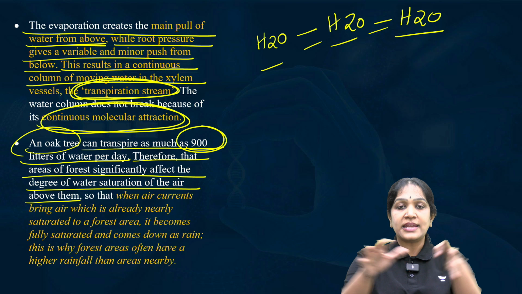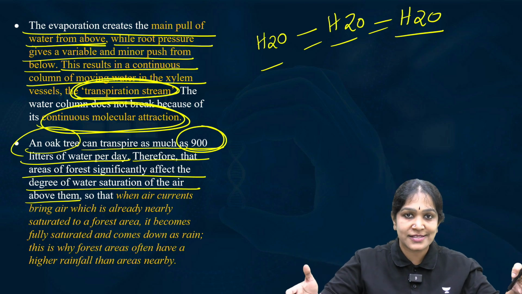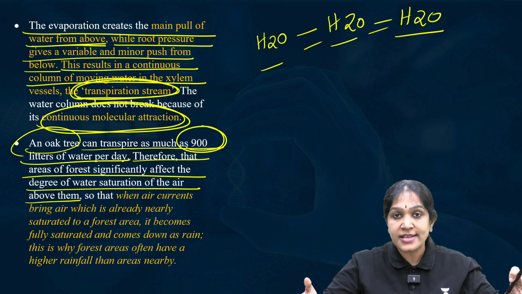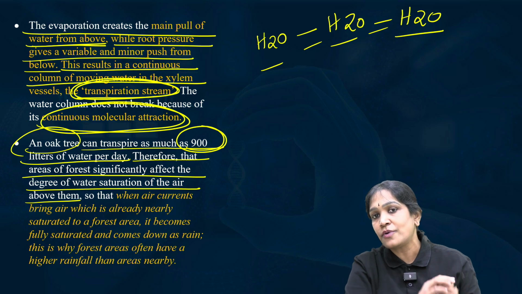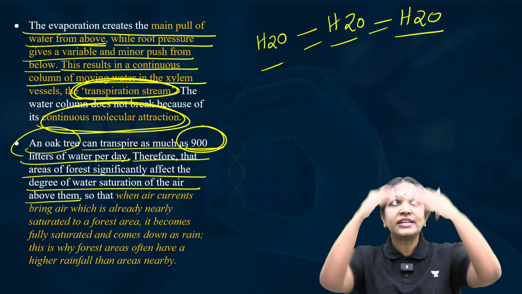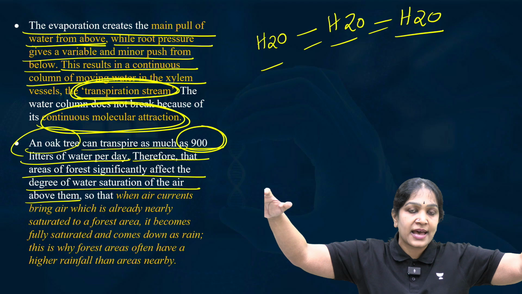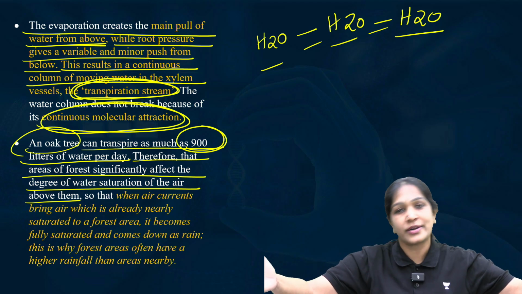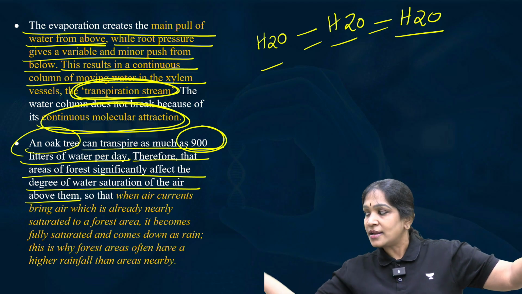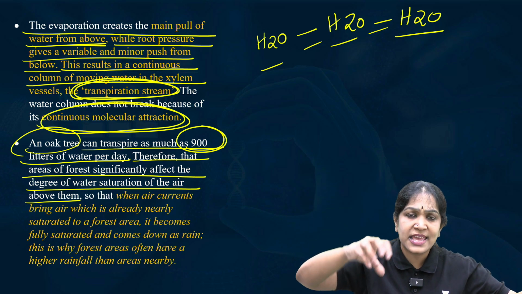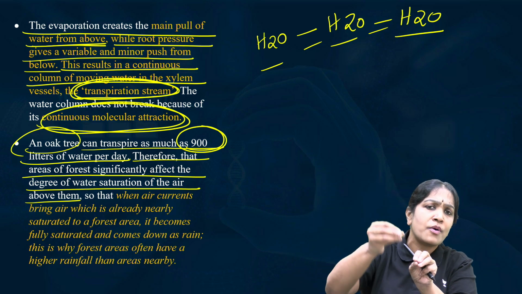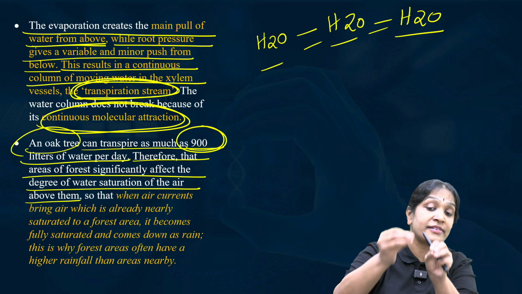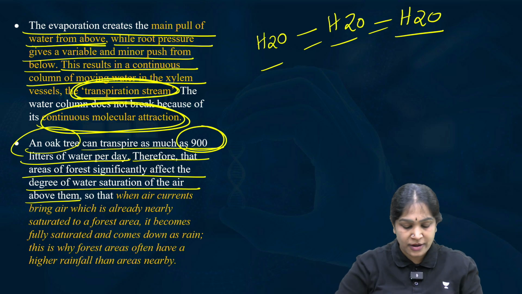In a forest there are oak trees, and every oak tree is releasing 900 liters of water per day. So the forest air is highly saturated with water. Now, newly coming clouds, even if they bring a little more moisture, will trigger a heavy rainfall.